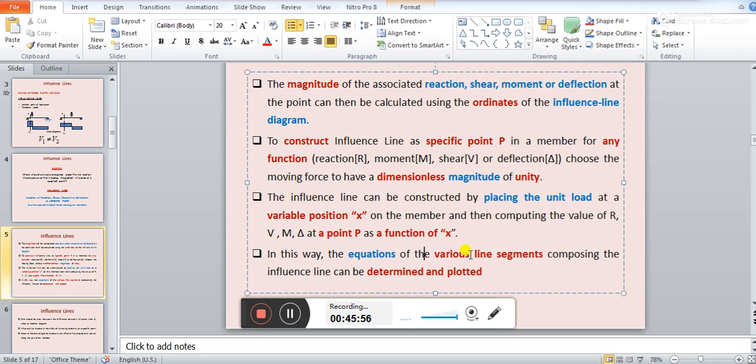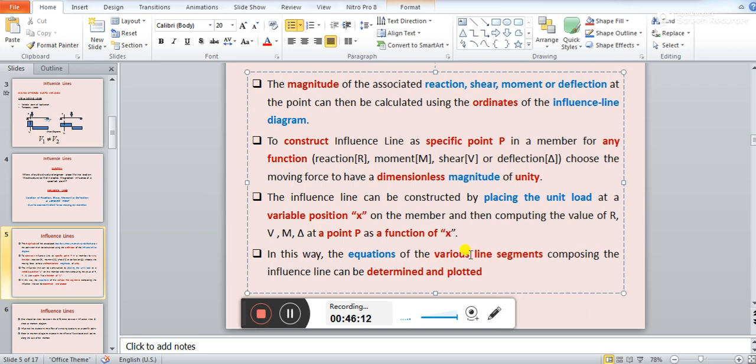Thus the influence line diagram will be composed of various line segments.